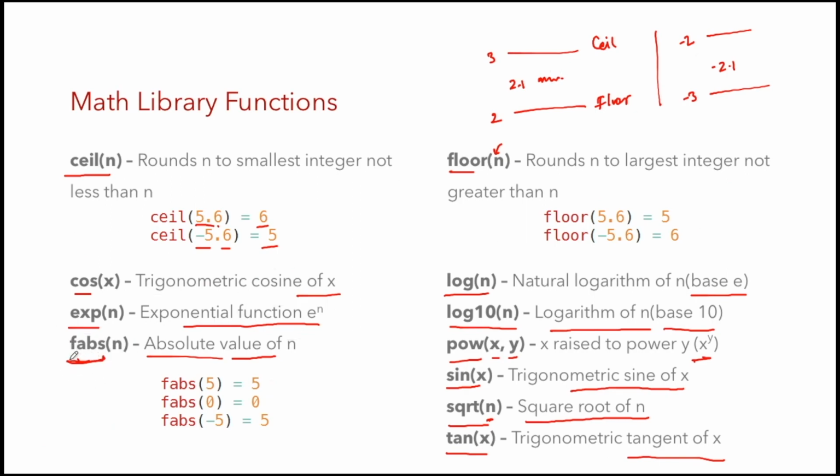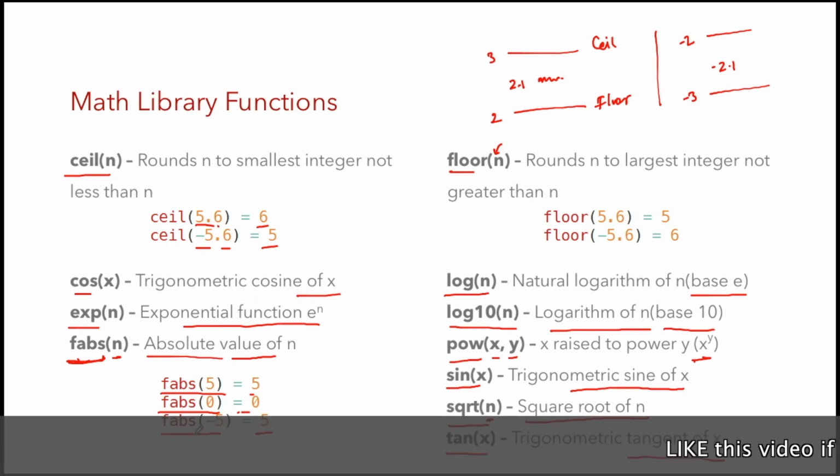So when you provide value n to fabs, it will give you the absolute value of n. So this line will give you 5, this line will give you 0, and the absolute of minus 5 is 5. So very simple.